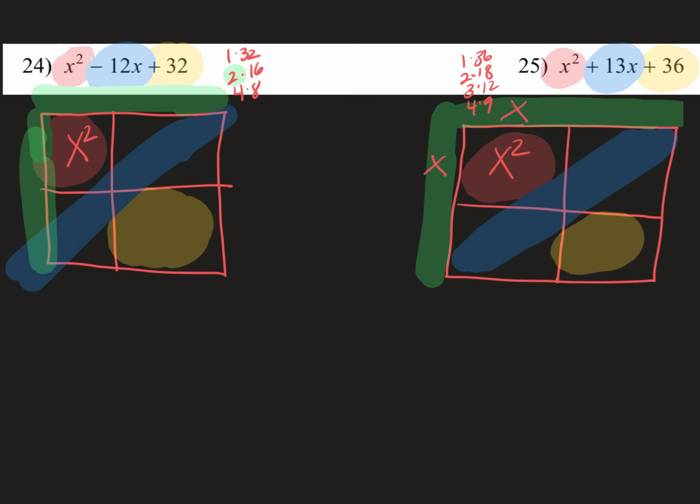X times x. Okay, and then I'm going to do positive 4 and positive 8.